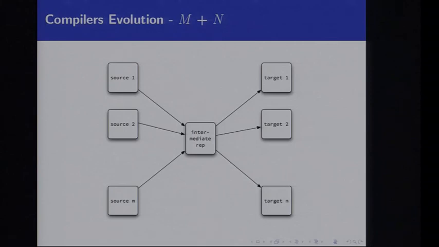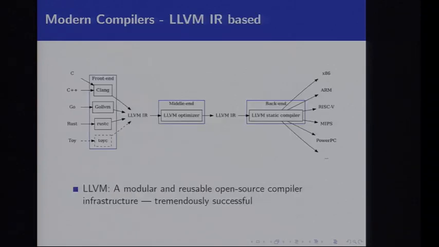So this way, from m times n, you go to m plus n, or strictly speaking, m plus n plus 1. And more importantly, this approach is modular and reusable. You share infrastructure. So this is how compilers evolved, and this is how a modern compiler looks today.